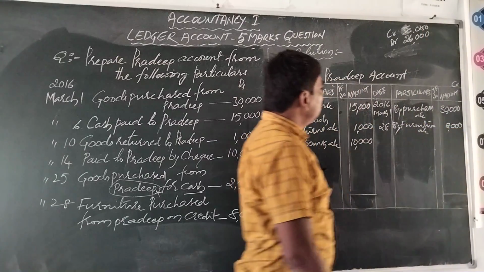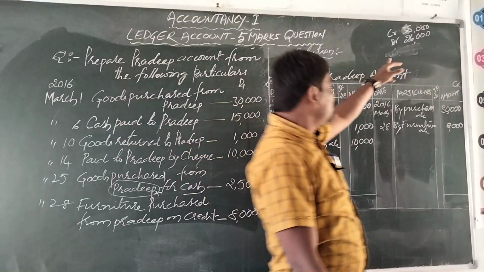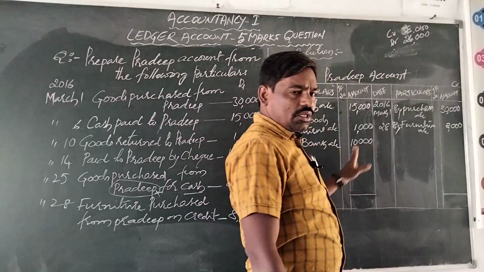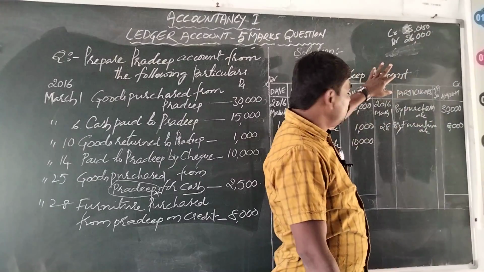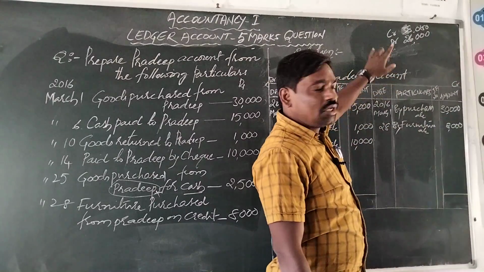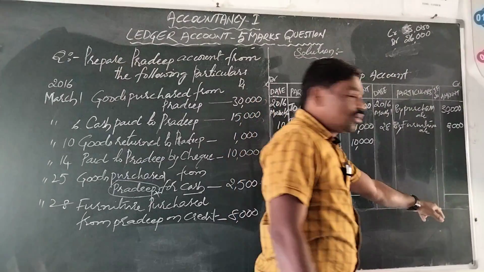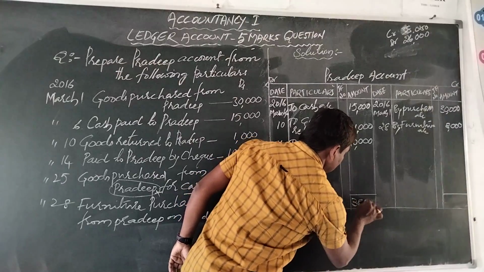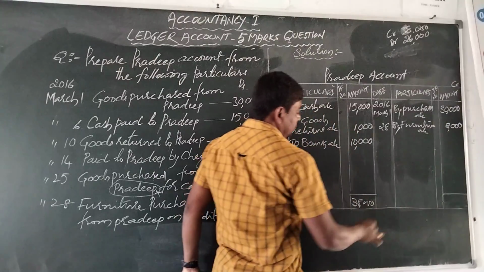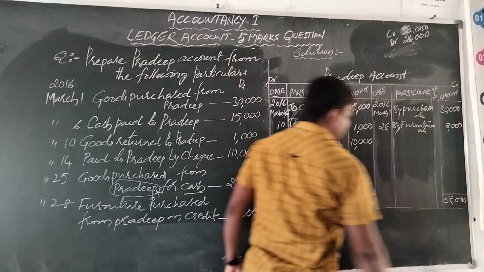The total credit amount of this account is rupees 38,000. If you observe these two figures, whichever is more can be taken as the total. So 38,000 in the debit amount column, and on the total credit side also you write 38,000.